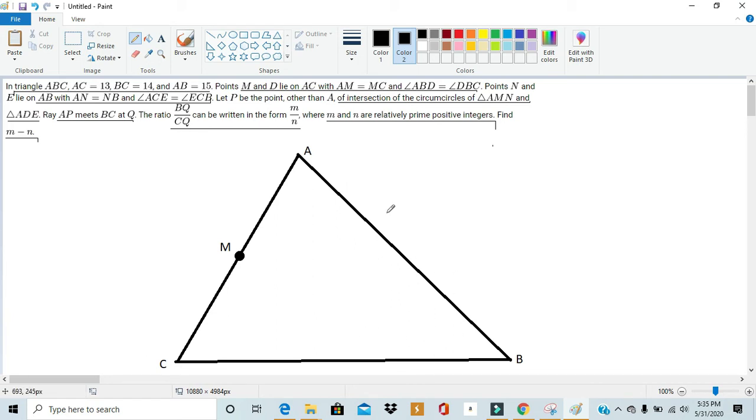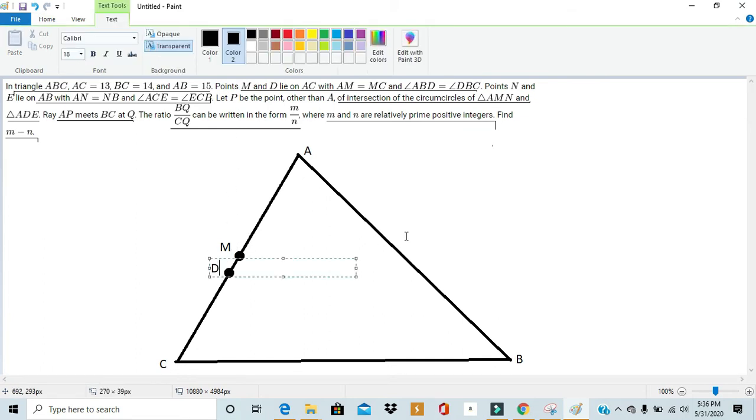So since AB is 15 and BC is 14, the part below AB will give us 15x and the part below BC will give us 14x. So clearly it'll be further down than up. So it'll be below the midpoint M. So we can label a point slightly below the midpoint M as point D.